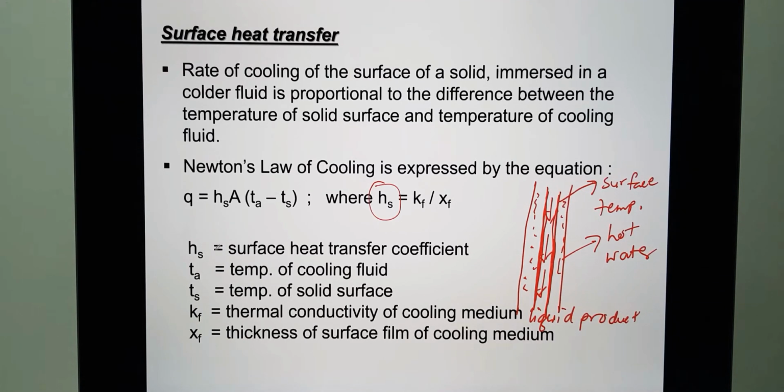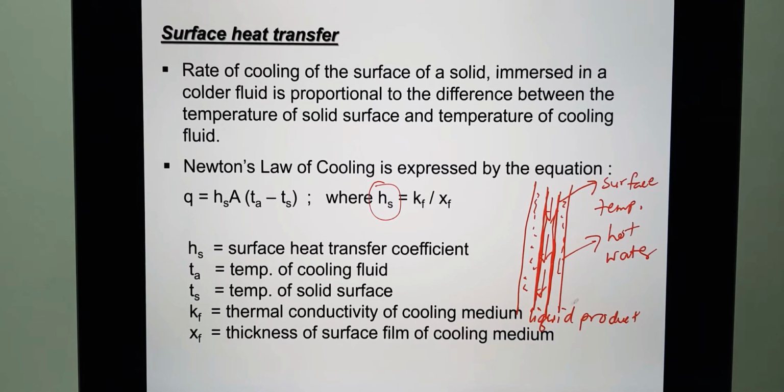What does Hs mean? It is the surface heat transfer coefficient. Ta is the temperature of the cooling fluid. Ts is the temperature of the solid surface. Kf is the thermal conductivity of the cooling medium. And Xf is the thickness of the surface film of the cooling medium.